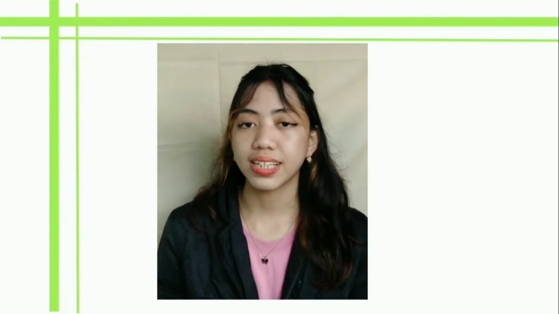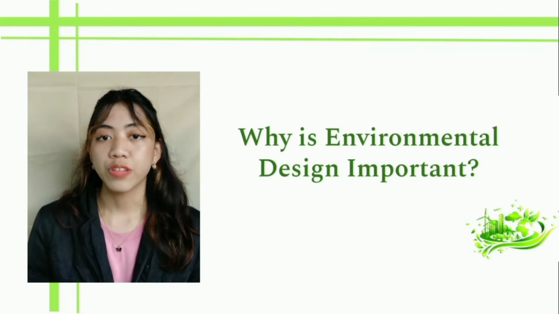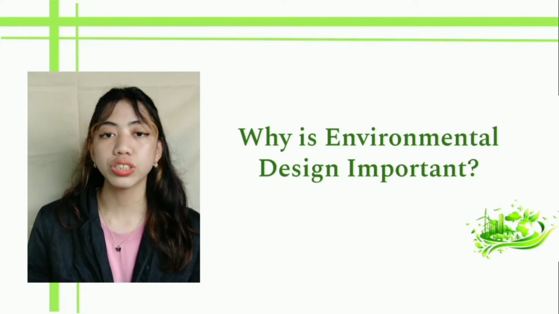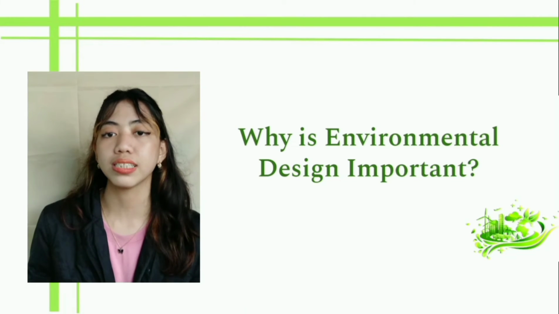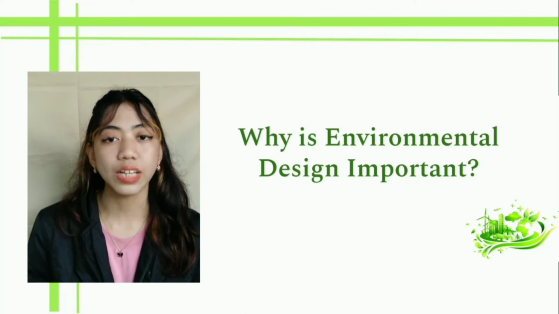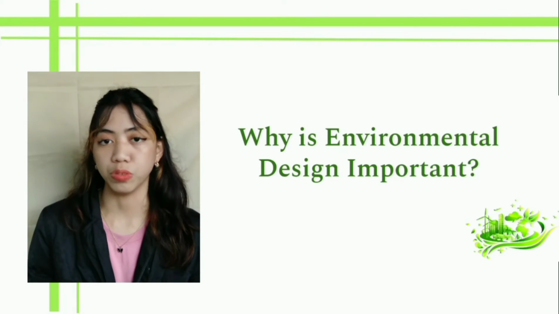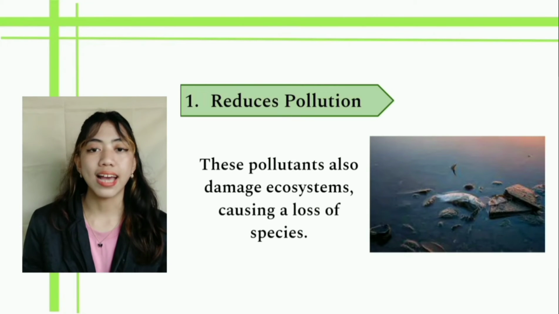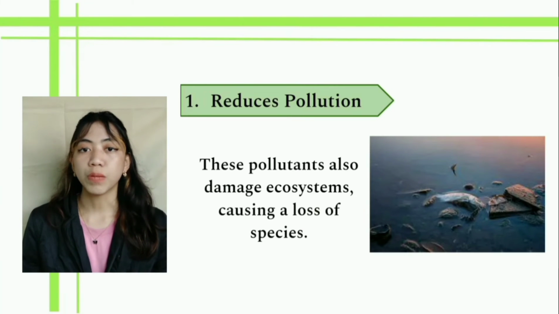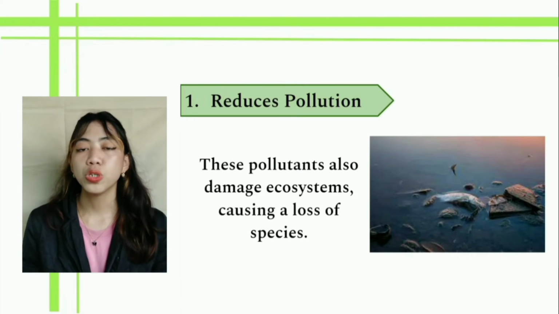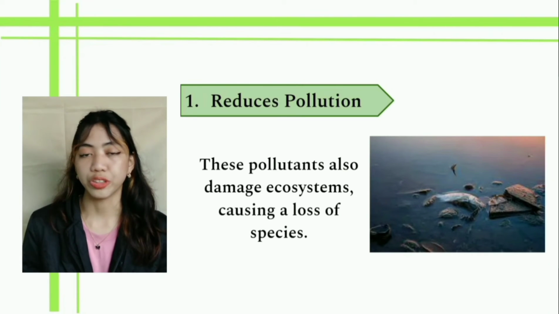So why is environmental design important? Environmental design principles can help improve environmental conditions because human activities cause most environmental degradation. Environmental design focuses on preventing these behaviors. First, it reduces pollution. There has been a lot of pollution all over. The pollution is caused by people doing things in the environment. Pollutants are polluting the environment right now.